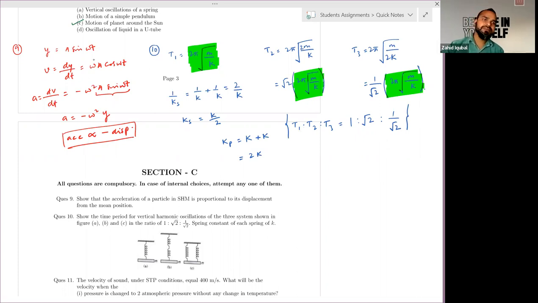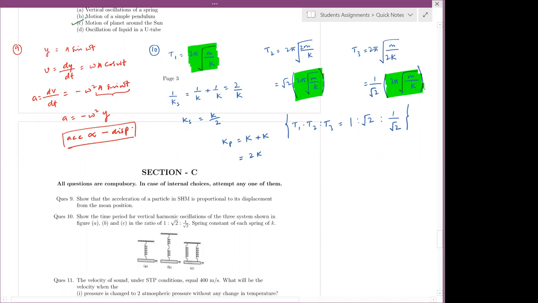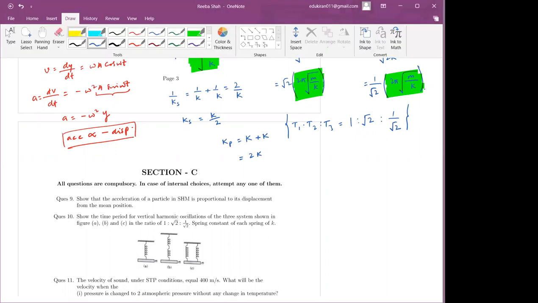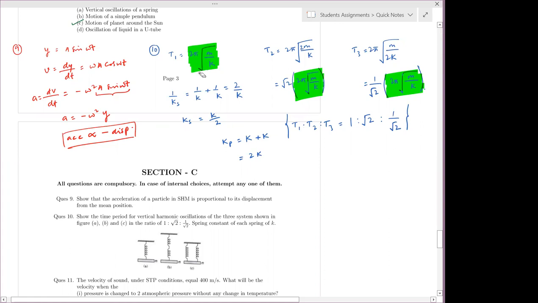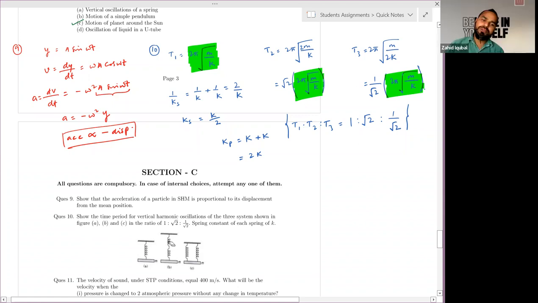Safullah, any doubt? Sir, can you explain this again? In the first part, we have just a single spring attached to a mass m. So according to the formula, T equals 2 pi under root m by k. Is it clear? Yes, sir. In the second part, we have two springs connected in series.